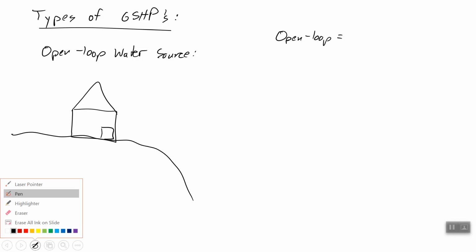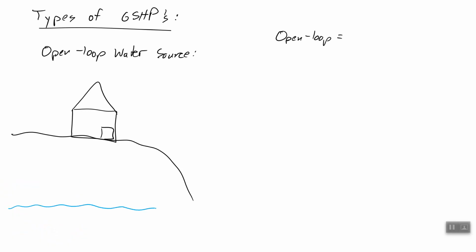So here's our house, and here we have some groundwater that's under the ground. And so we've drilled a hole, a borehole, down into the groundwater, and then we've connected that to our actual heat pump. And so we actually pump water out of here, and we put cold water in, and that exchanges heat with the heat pump and then comes out as hot water.